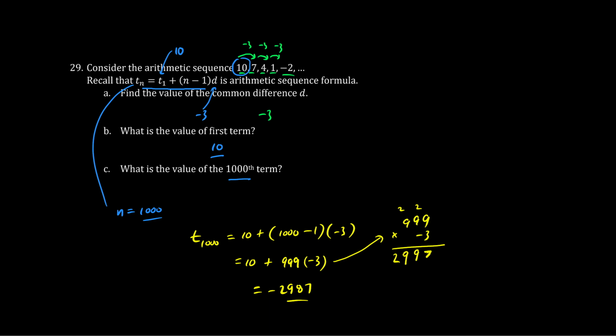Instead of 27, you write 29. And of course, when you have a positive number multiplied by a negative number, the overall result is negative, so -2997. But we have to add 10. When you add 10, this negative number becomes less negative, so we have -2987 as our final answer.